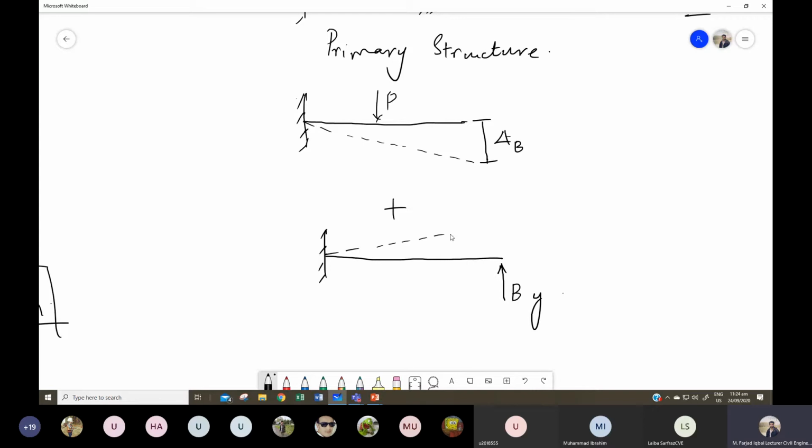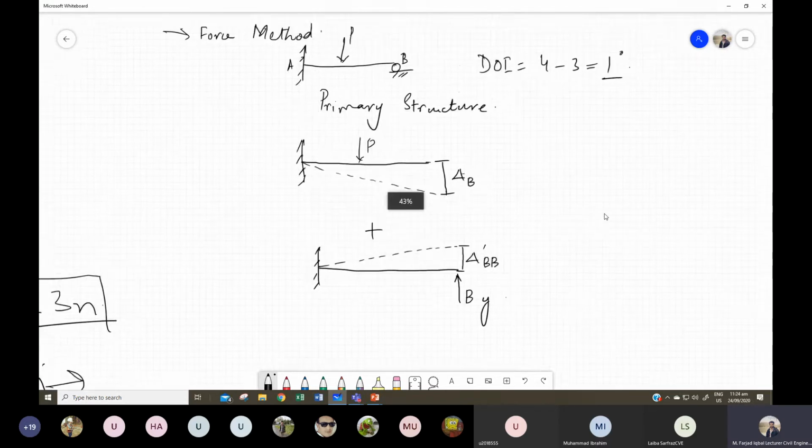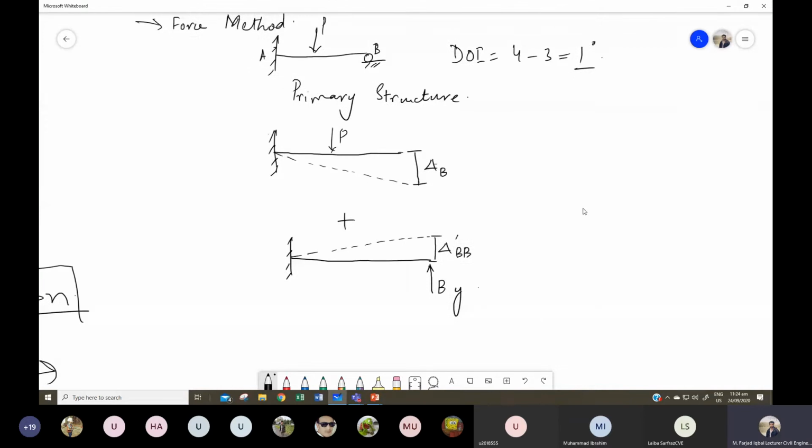There will be another deflection that will be produced in the upward direction. Let's call this delta dash BB, right?